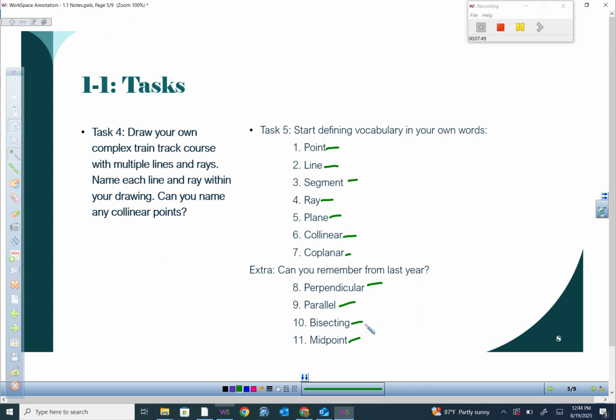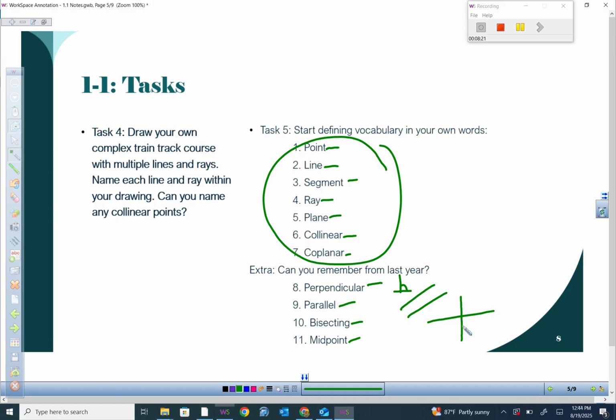Okay, I am going to talk about a few of them. These will all be reviewed in the notes, but I am going to touch base. Perpendicular, two lines that make a right angle, right? Parallel, two lines that never touch because they have the same slope, if you remembered. Bisecting is where they cut in half, so this would be the same as this.